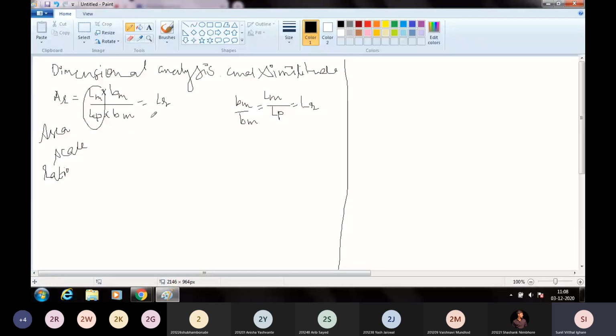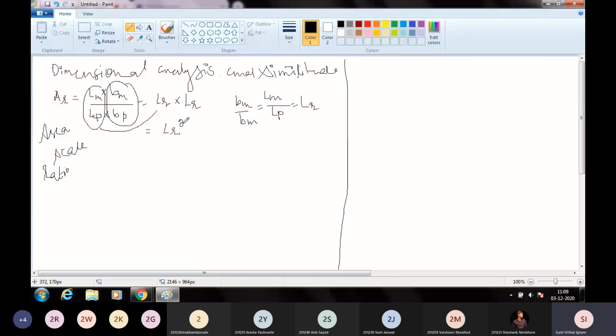Now you can see the area scale ratio. I write it as LR, multiplied by the other one, the width of the model to the width of the prototype. I just make a correction here, width of prototype. This can also be written as LR. So LR into LR is LR square.